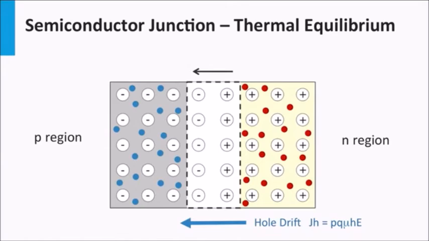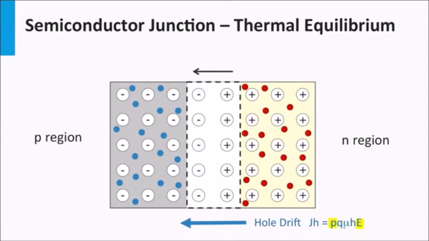Increasing the drift current density can be accomplished by either increasing the density of the minority charge carriers, in this case p, or by increasing the electric field E over the depletion zone. In this example, the p-n junction is in thermal equilibrium.